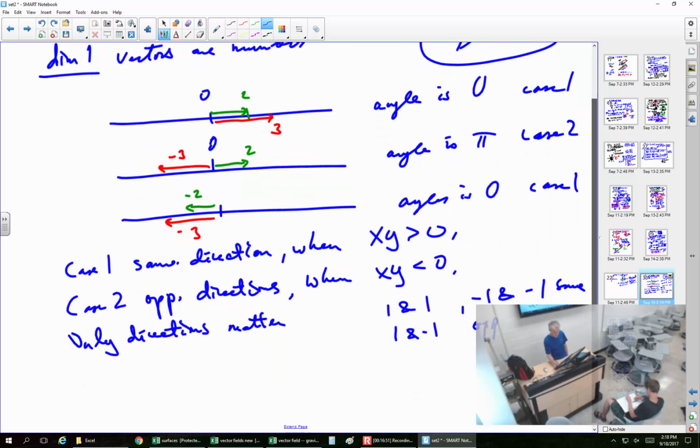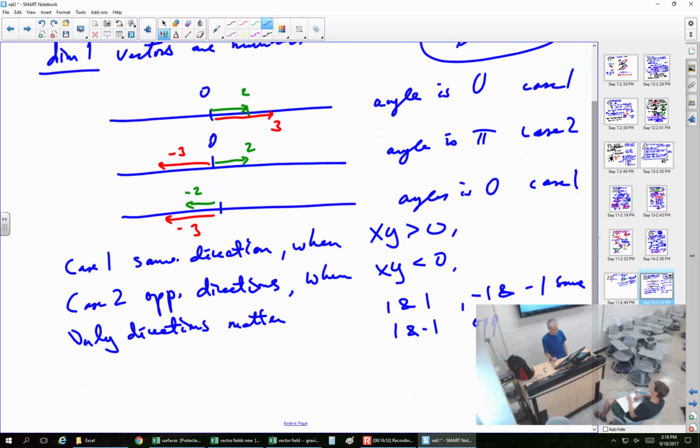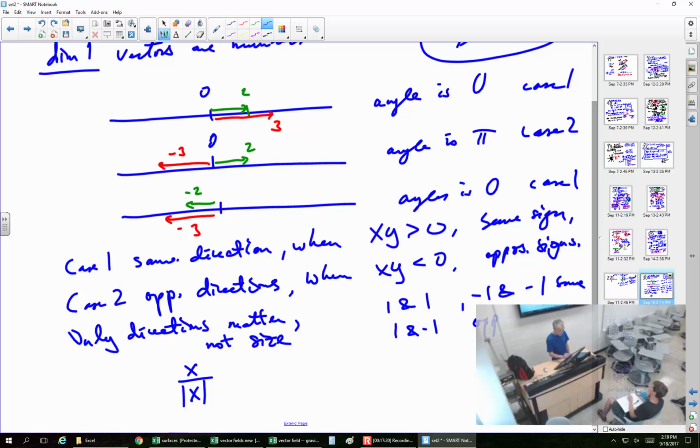So the trick that we use to get rid of the size and only concentrate on the direction is to divide by its absolute value, so that we only care about the sign. Same sign, opposite sign.